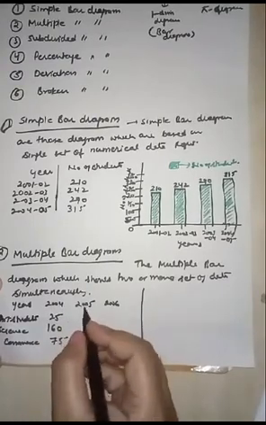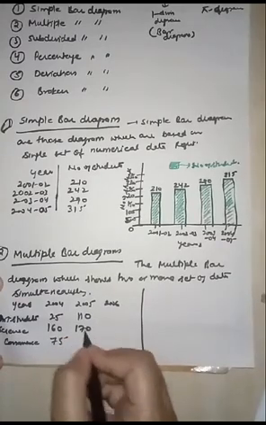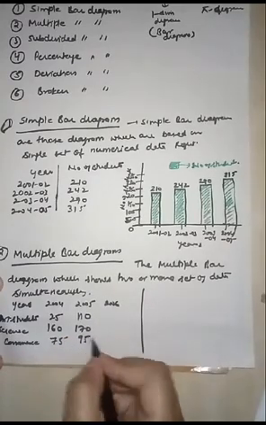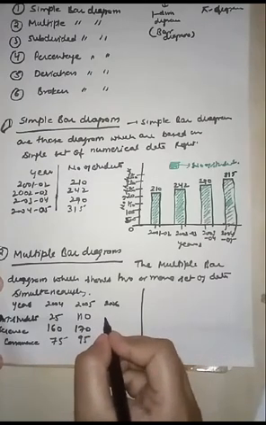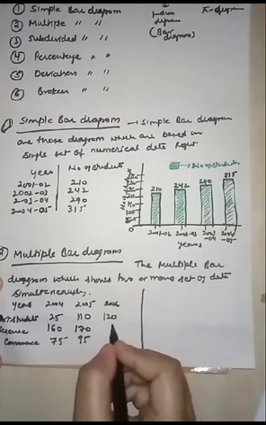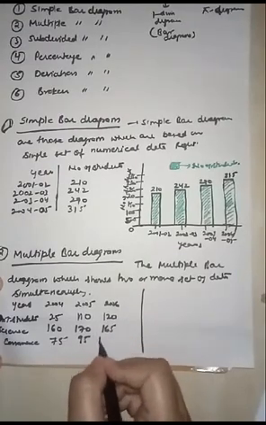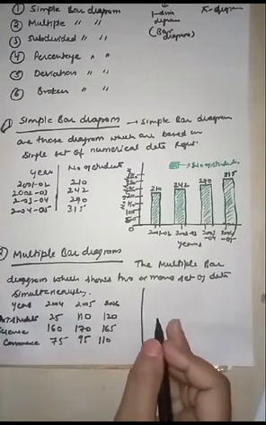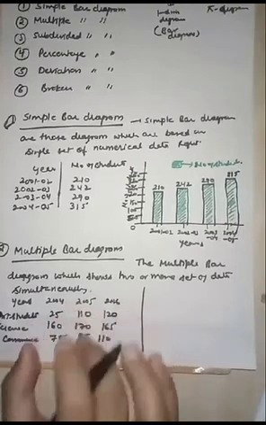In 2005 arts students 110, science 170 and commerce 95. In 2006, 120 arts students, 165 science students and 110 commerce students. So I will take the data series here.